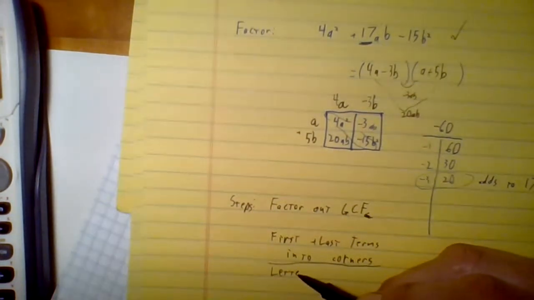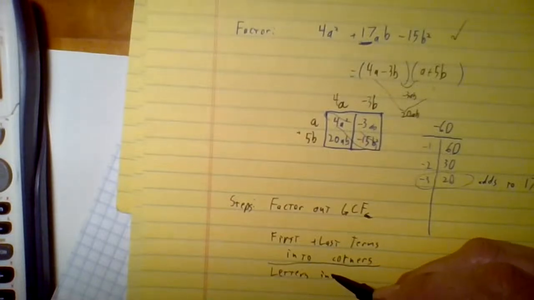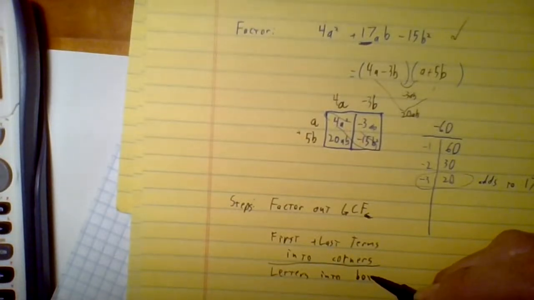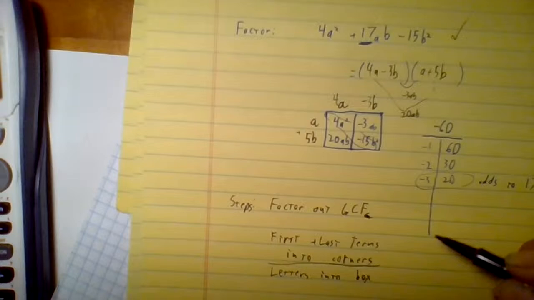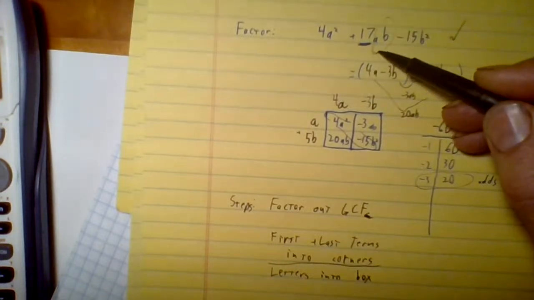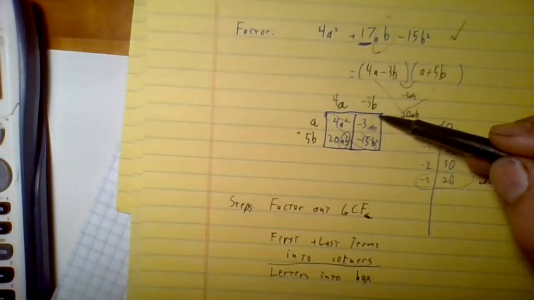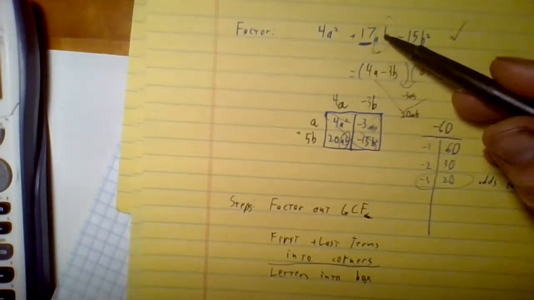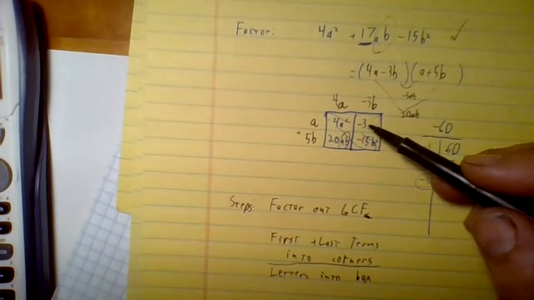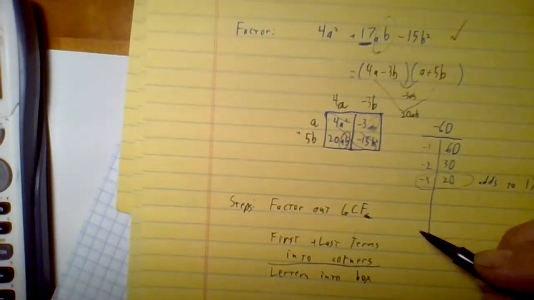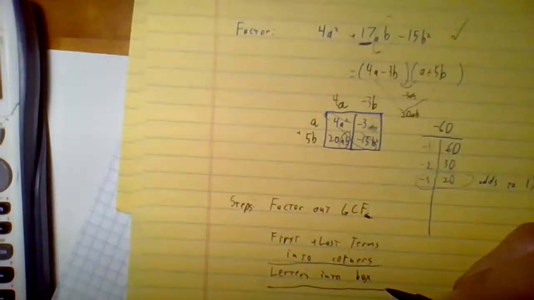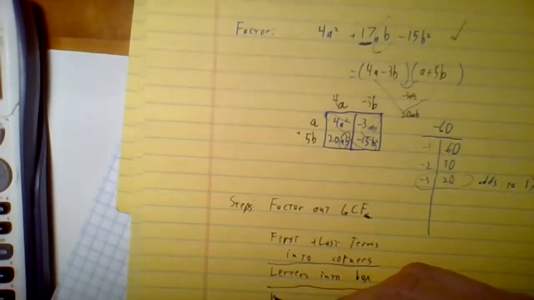Put those into the box next. I know the letters have to match what's here. Whatever letters are on your middle term have to be here, because they're like terms. They add up to this, so they have to be like terms with this. So the letter part's the same. I like to put that in first with room, and then we have to find the numbers. So this is your diagonal multiply.